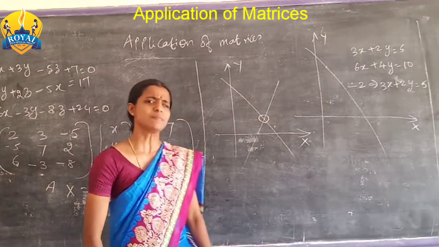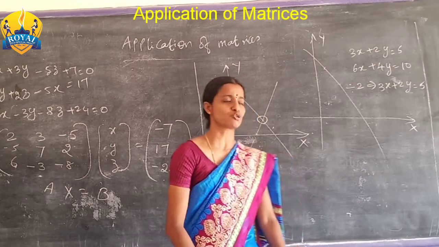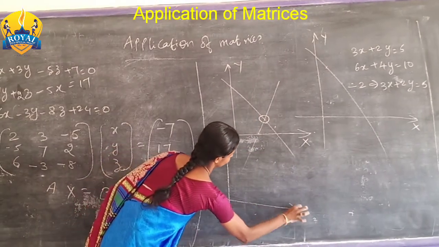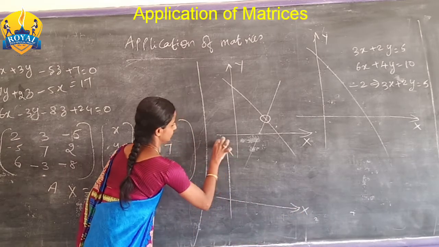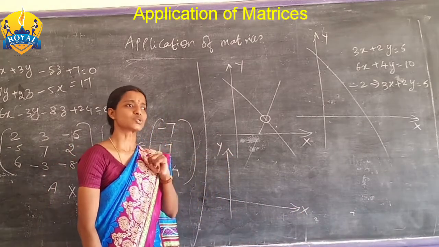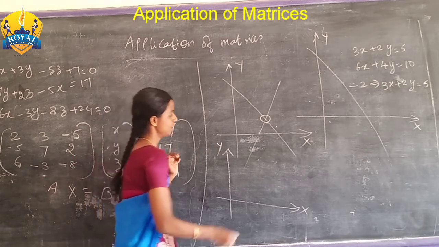Is it possible that I should always have a solution? Why not that I don't have a solution? Let us see. I have x and y. Now here also, let me go ahead with some example.